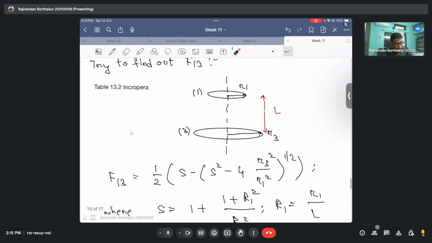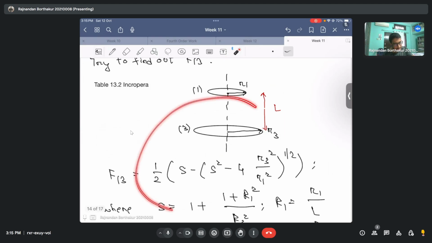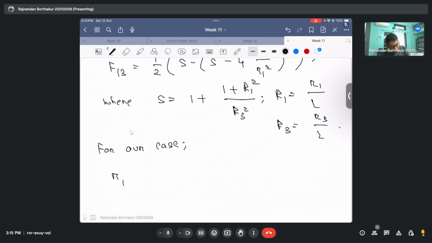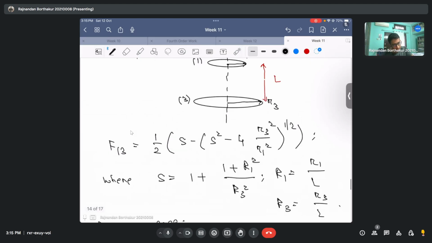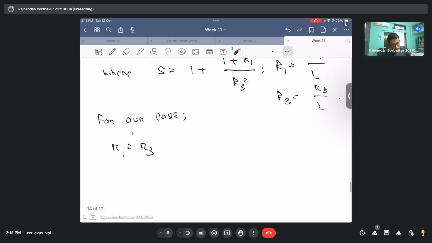Now, this is a generic relation. But for our case, luckily, we have R1 equal to R3 because the radii of these two surfaces are exactly the same. And of course, this can be written as d by 2.